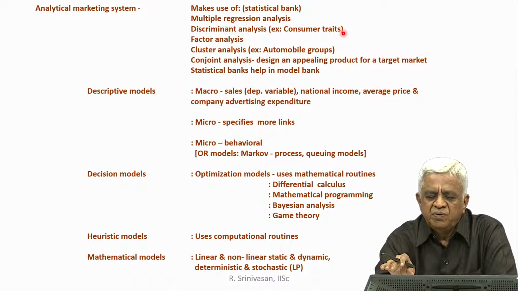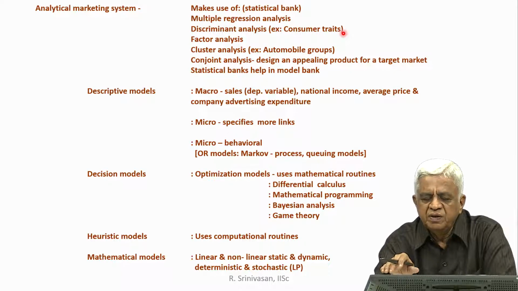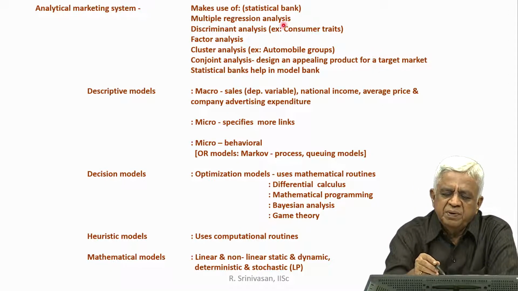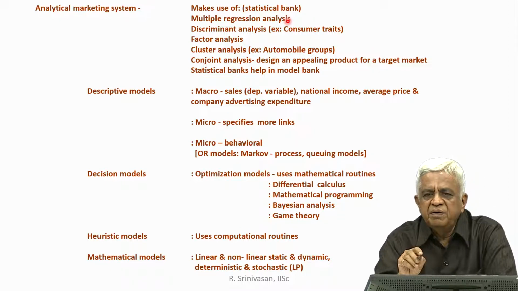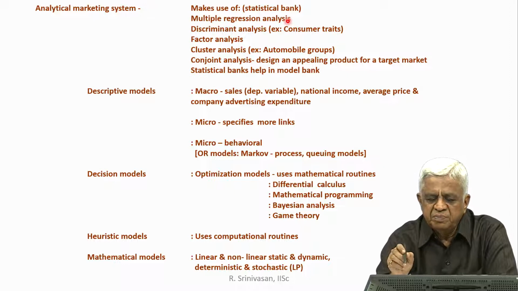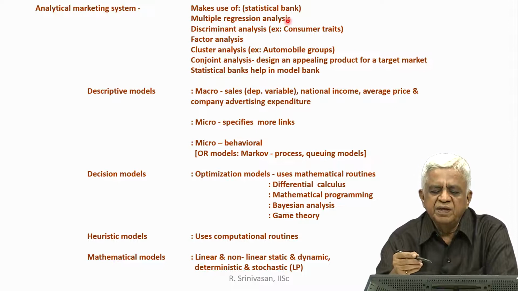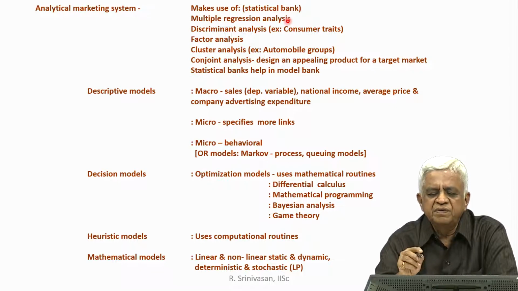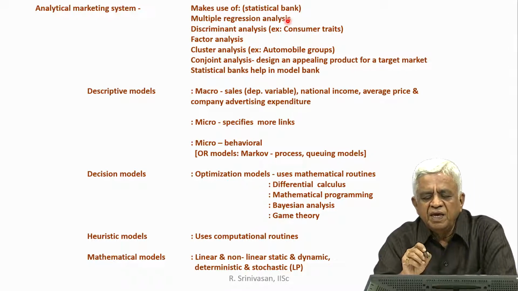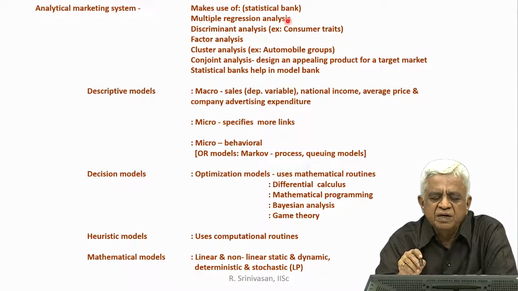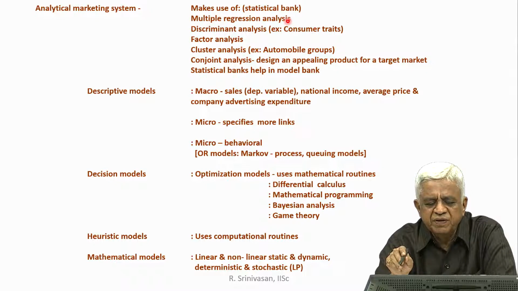So, the market demand for a particular product will be the dependent variable. It depends on so many independent variables like the price, the place, the different characteristics of the product, the disposable personal income of the consumer, all those types of things.